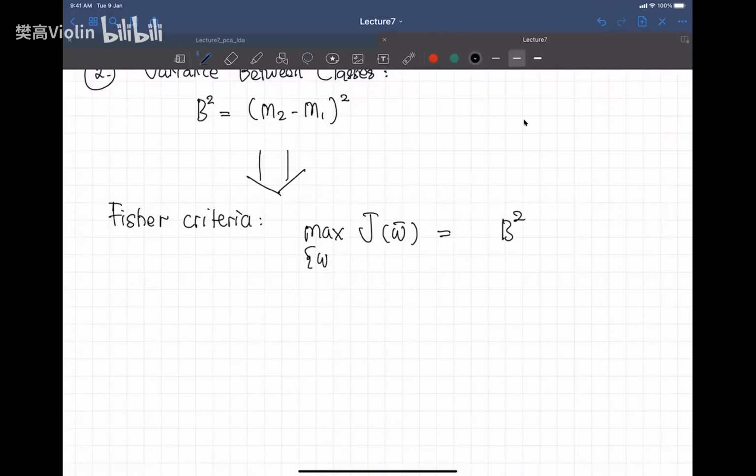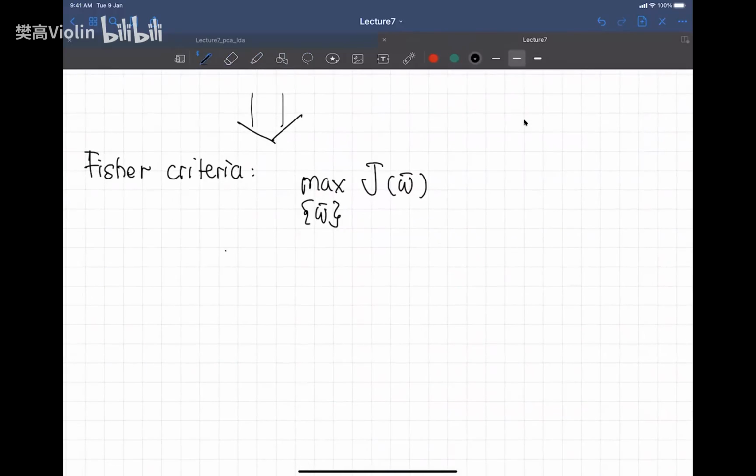over W. So we want to maximize J of W, and J of W should be defined using Fischer criteria, which is B square divided by S1 square plus S2 square.